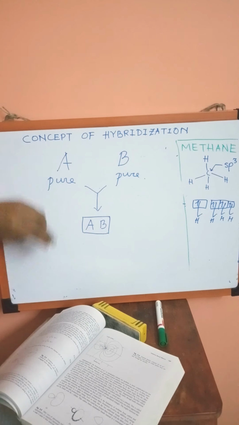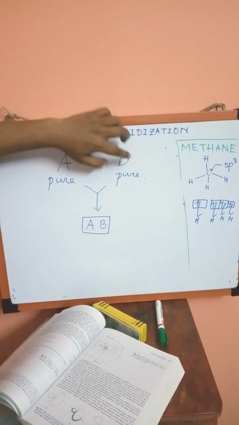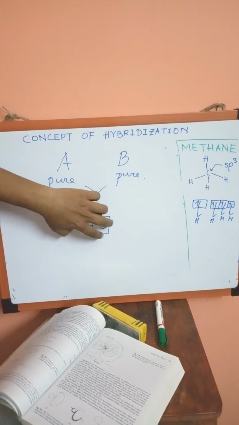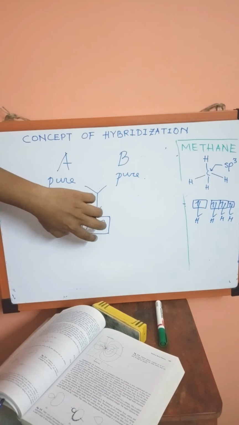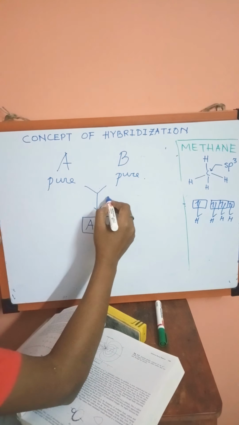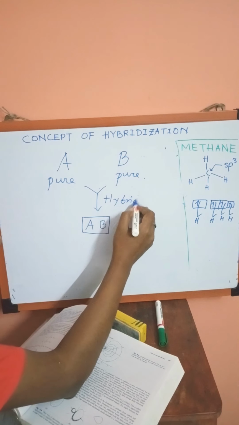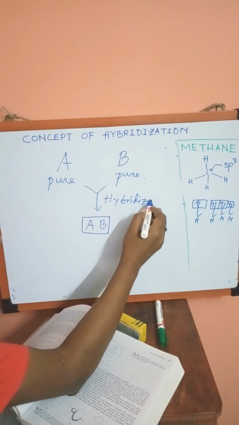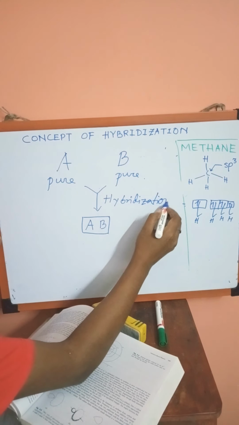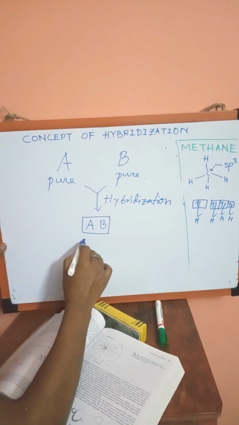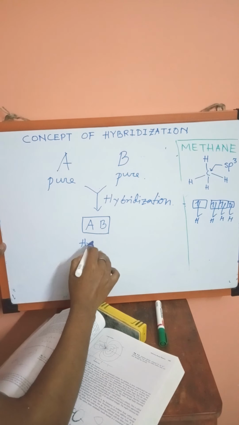This mixing of pure A and pure B to form a coupled kind of system is a method of hybridization. This is a very general concept. We'll talk in detail about the orbitals, and this system will be called a hybrid system.